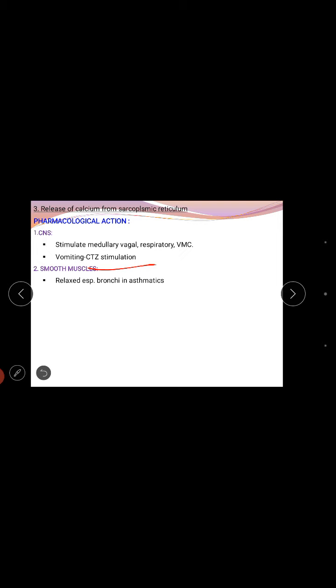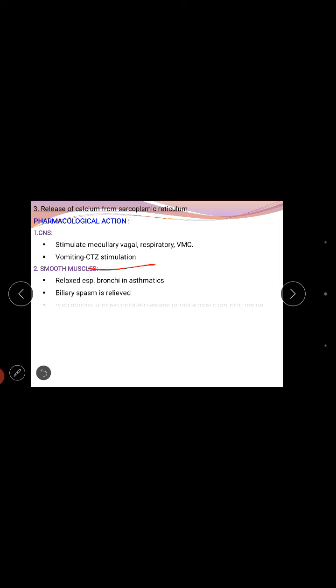Coming to the pharmacological action on the CNS, it stimulates medullary, vagal, respiratory, vasomotor center also. It may induce vomiting as a side effect due to stimulation of chemoreceptor trigger zone. Smooth muscle relaxes, especially bronchial smooth muscle in asthmatics.